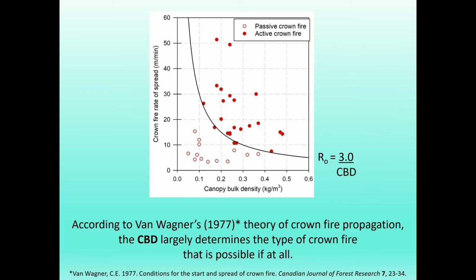Van Wagner's simple model, represented by the curve in this graph, has been shown on the basis of experimental crown fires documented by the Canadian Forest Service between 1962 and the year 2000 to do an excellent job at distinguishing passive from active crowning. Note that the critical threshold in canopy bulk density is in the range of 0.05 to 0.1 kilograms per cubic meter.